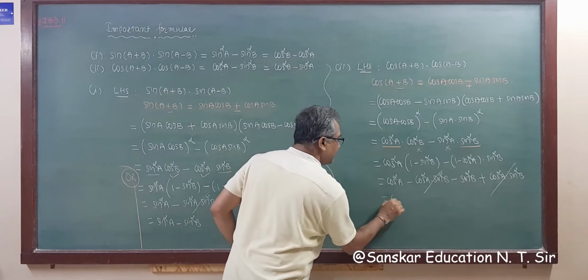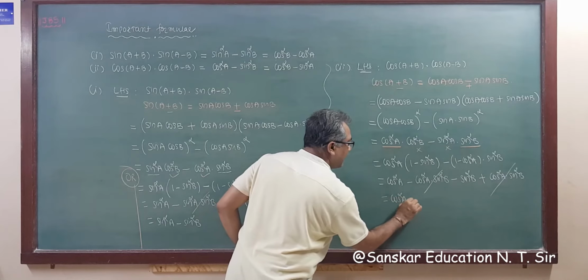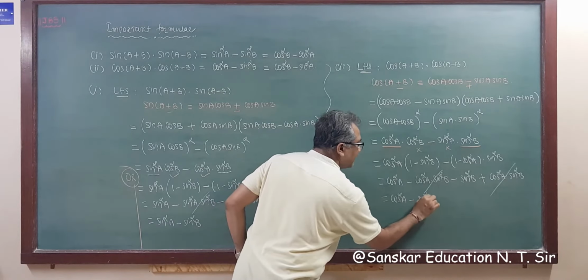So your answer will be cos square A minus sin square B.